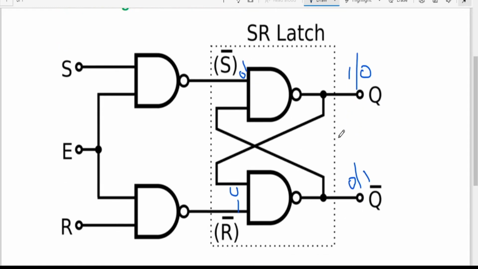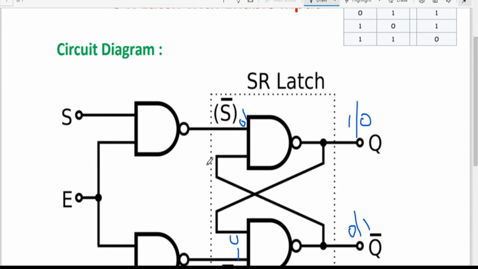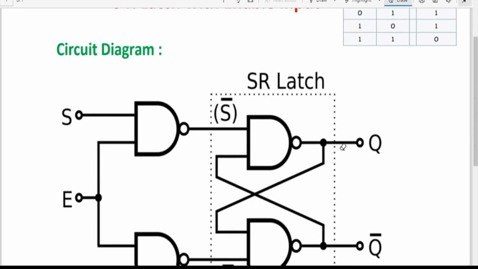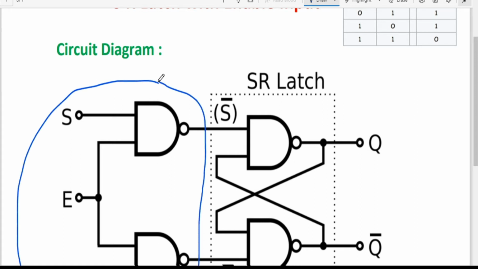Now with the application of a gate, or with an enable input, we are going to synchronize this input with the output along with the clock pulse that we are going to apply. So what is this gated SR latch, and how is the system going to behave, that is what we are going to see. Students, you can see we have applied a gate to the input of the SR latch.